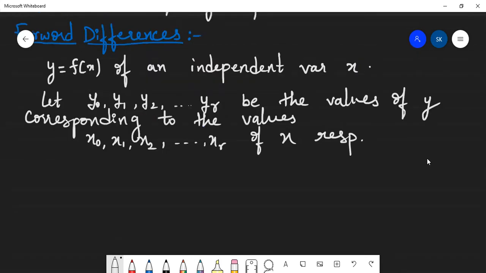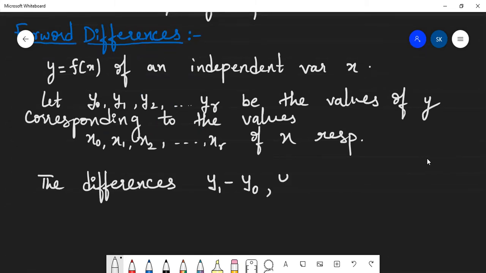Now, the differences of y's: y1 minus y0. See carefully what I am doing. I am subtracting the second term minus the first term. Similarly, next I will get the third term minus the second term, that is y2 minus y1.